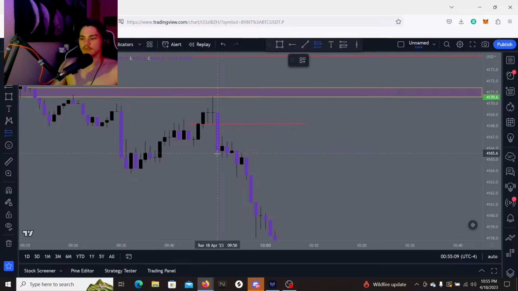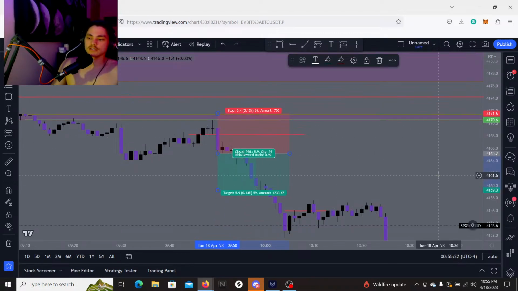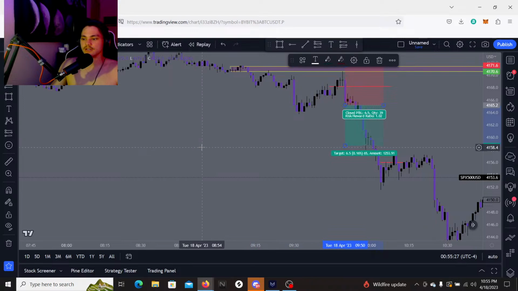Like, okay, let's account for some spread. Yeah, we'll put our stop loss right here. 65 pips, bro. I don't understand. I should have just taken this. This was an excellent trade, actually. We'll say 65 was right here.